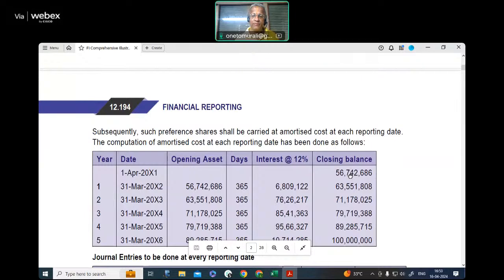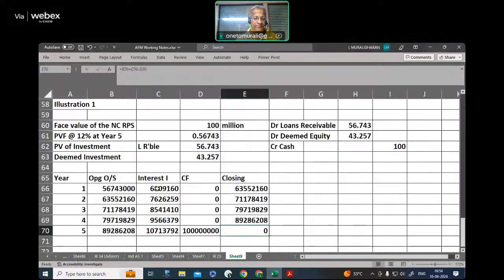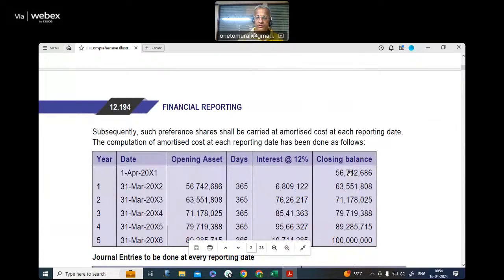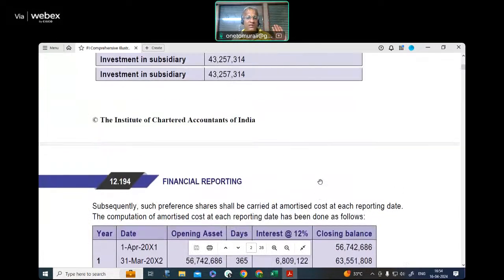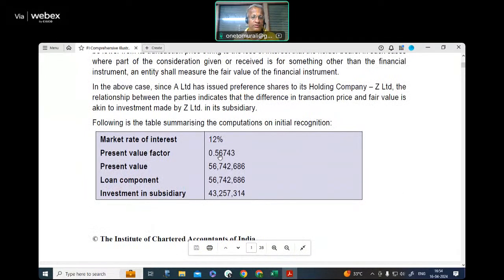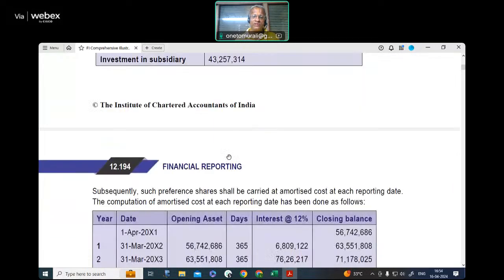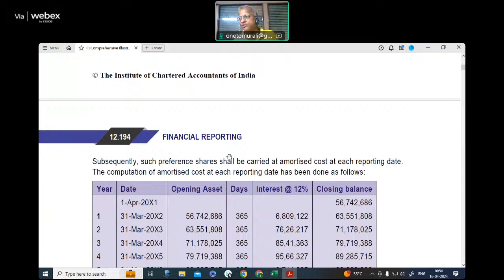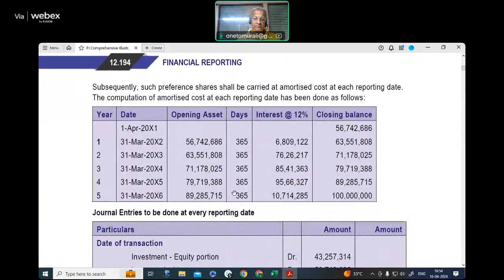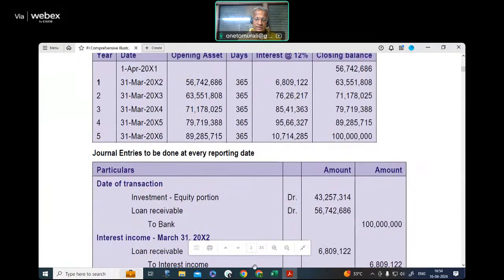So it was just taken up not at 56742, but 686. So they have just run to the last decimal there. Whereas when you take it up at the present value factor, there is going to be some amount of difference you would be getting. So please be careful on that. Is that right?